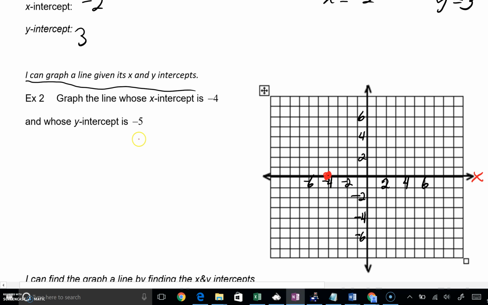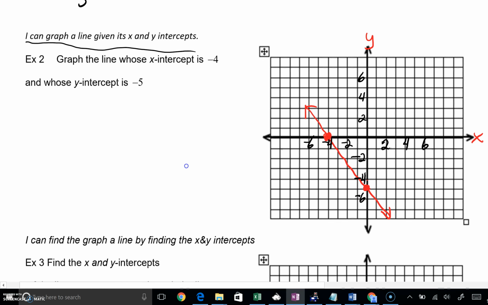Similarly, for a y-intercept of negative 5, I think you can see negative 5 on the y-axis is going to be right between negative 4 and negative 6. You'll use your line tool to just click those 2 points, and then you'll get your graph. So really not a bad problem, hopefully something that you can do pretty quickly.